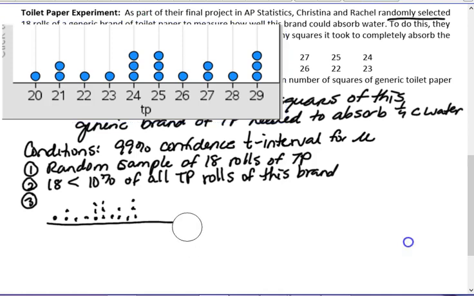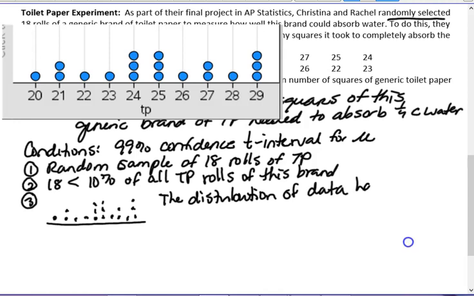So looking at this dot plot, I would say the distribution of data, we'll just say here, has no obvious skew or extreme outliers.